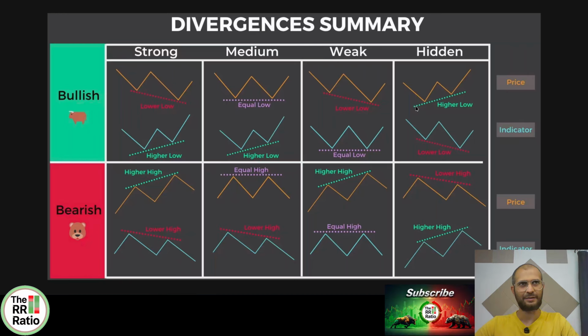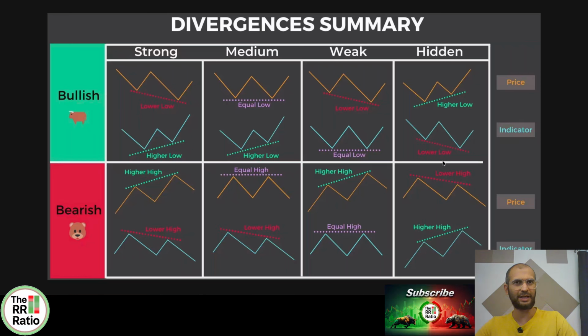And in this case, it feels like the price is going higher and the indicator is going lower. And this feels very counterintuitive compared to the other divergences. This kind of divergence usually traps traders or investors.